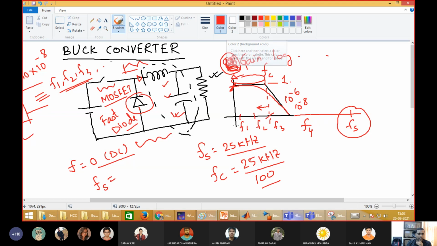That is not possible because the size of the filter would be very large. So that is why we use high frequency components in the circuit, in order to reduce the size of the inductor and capacitor.